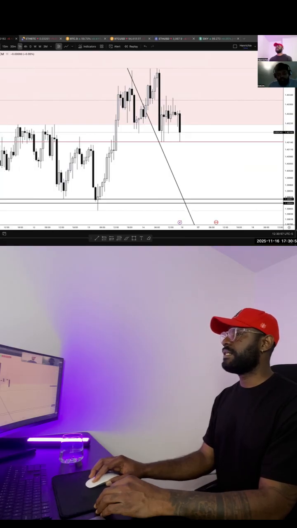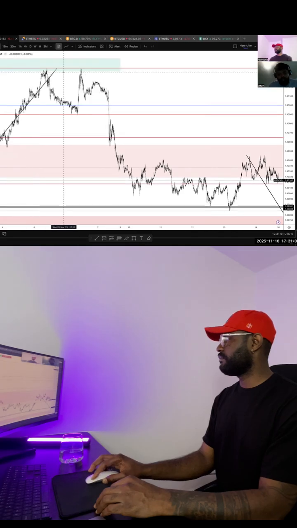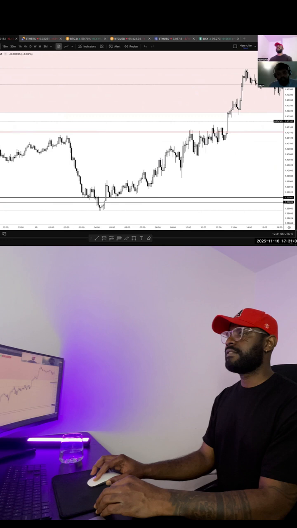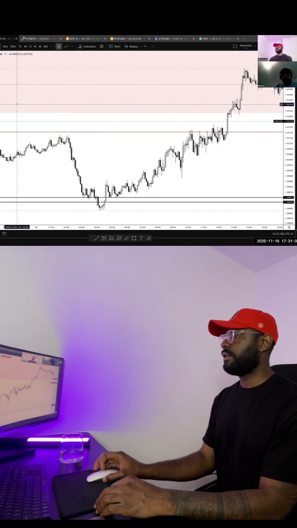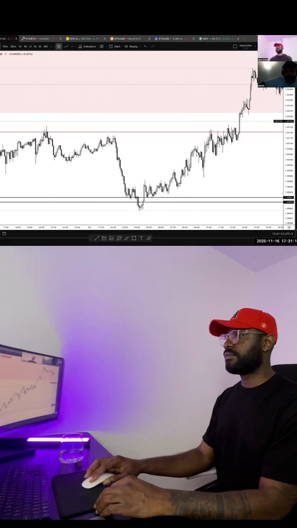You go to the 5 minute time frame. And right here, this is 5 minutes. I can see how the market structure was trending to the downside, making lower highs and lower lows.